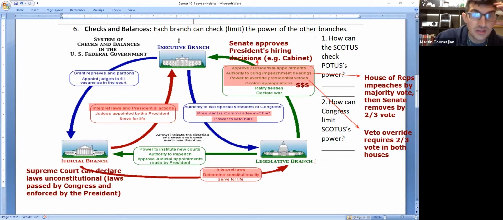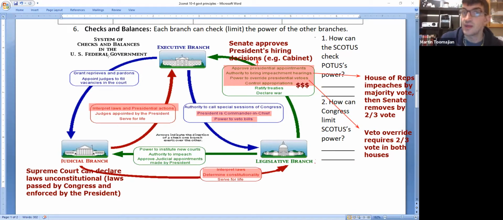Really, the only thing you need to know in terms of how the president and Congress can influence the Supreme Court is when there's a vacancy. There are 9 Supreme Court justices. What if one retired or died? That's the only way you're going to get a new Supreme Court justice, because justices serve for life according to the Constitution.